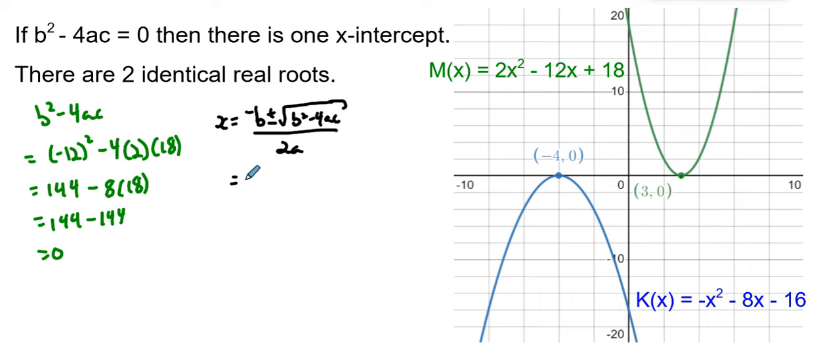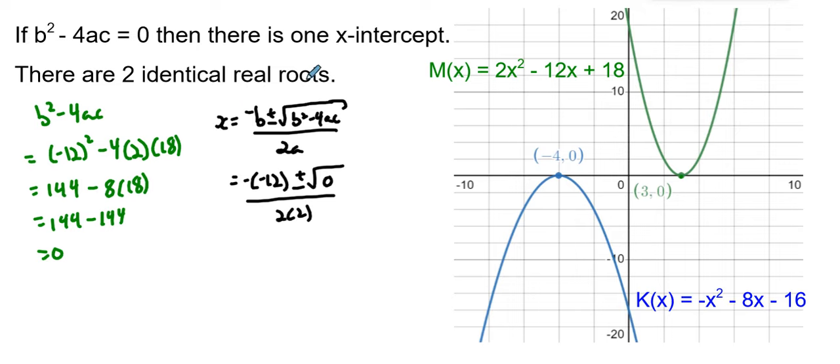So b was the negative of the 12, and this we know is going to be plus or minus root 0, and then it's going to be all over the 2 times 2. And I won't take this any further at this point. You can finish this off, but we can see how we get a plus and minus a 0 scenario, which leads to the same value twice. So we say that there's physically one intercept, but there's actually 2 identical real roots.